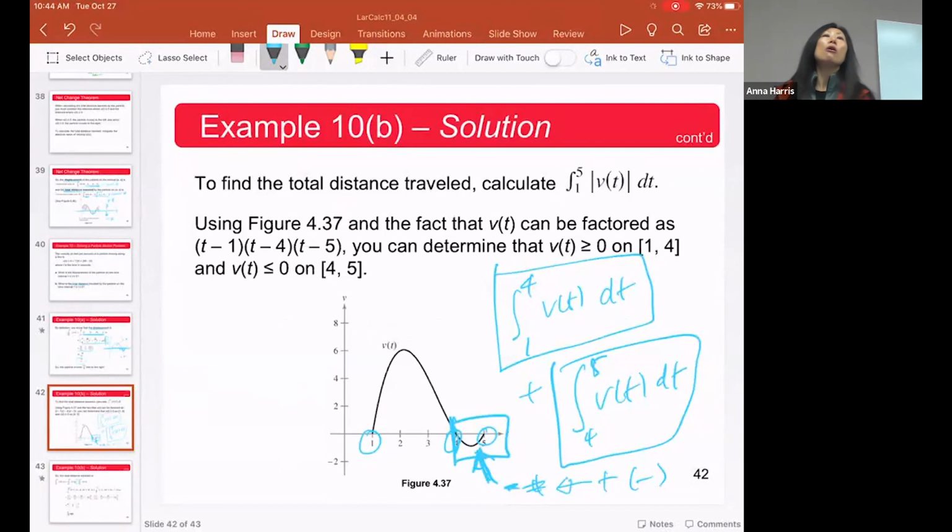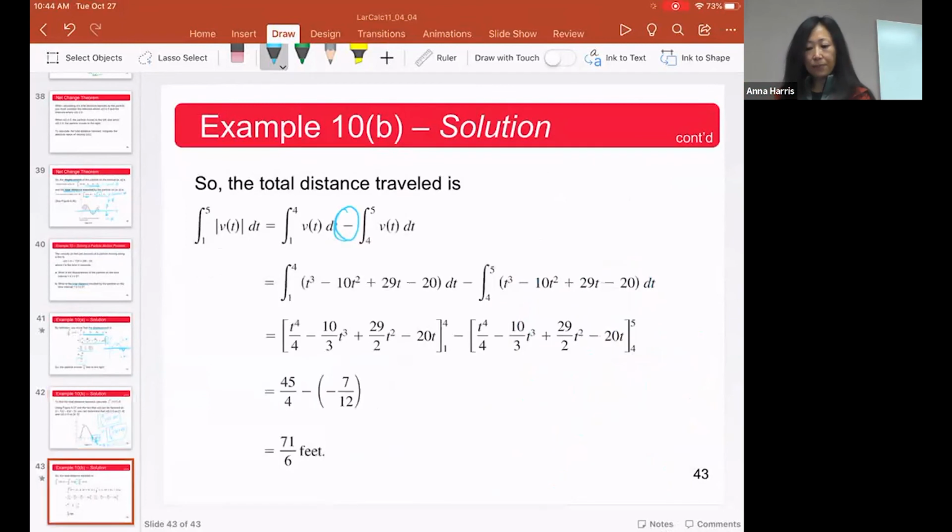When you do total distance, I want you to make it into two parts, where the area is positive and the area is negative. And then whatever number you get, you just consider everything to be an absolute value, just thinking of it as a positive number. So when you find this, 1, 2, 4, you get this number, 45 over 4.